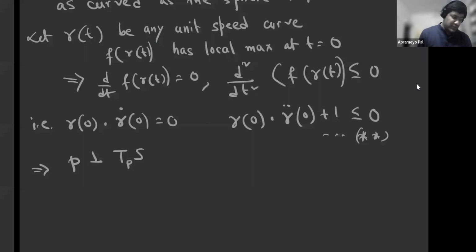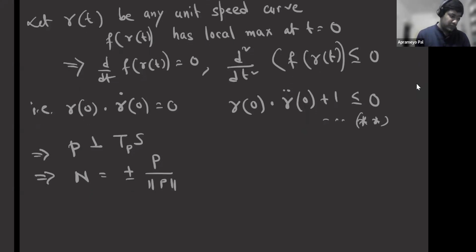And now if you choose a surface patch sigma containing P, this will give you that the unit normal is nothing but plus or minus P divided by |P|.